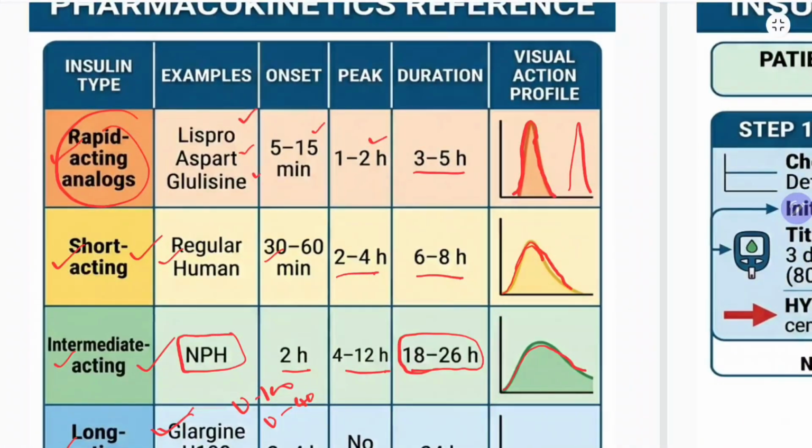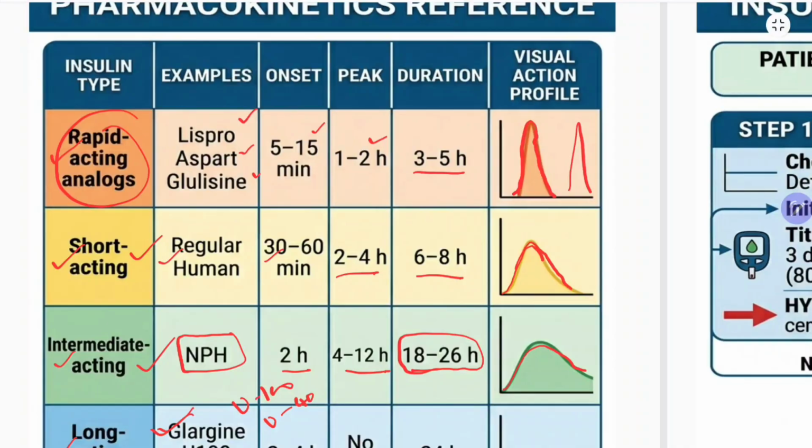So there are rapid acting analogs, short acting insulin, intermediate acting insulin, long acting analogs, and ultra long acting analogs. For rapid acting, examples are Lispro, Aspart, and Glulisine, but the drawback is these analogs are costly, compared to short acting insulin like regular insulin.